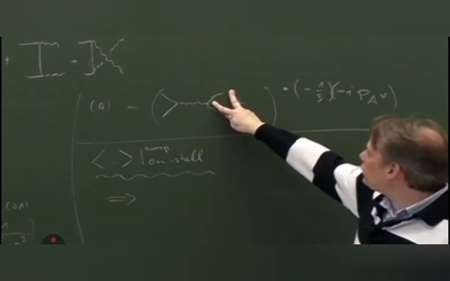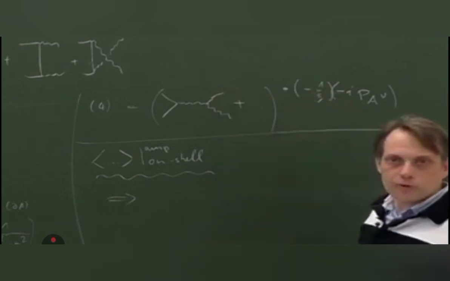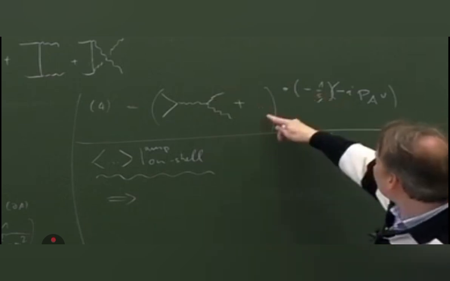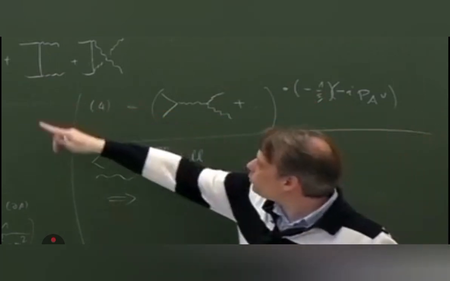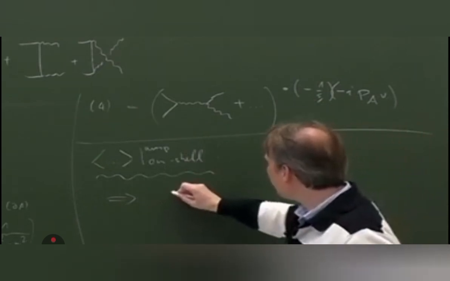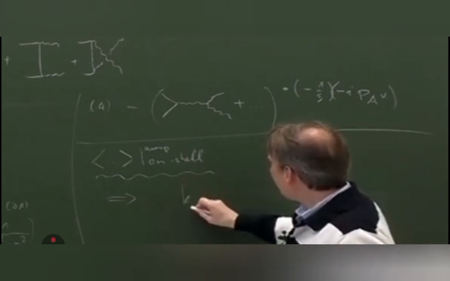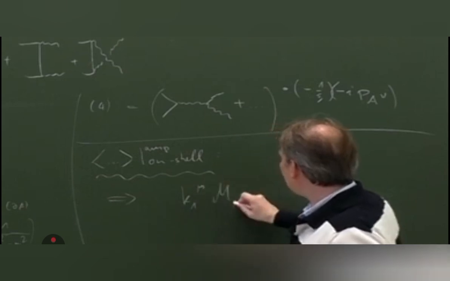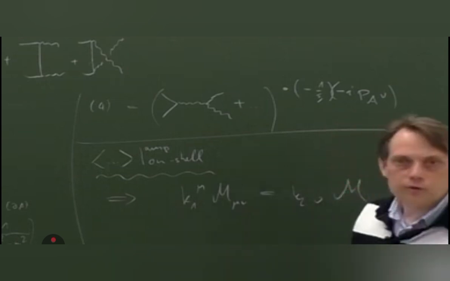If we amputate it, then the 1 over xi drops out, and therefore we get just the amputated result without 1 over xi times the momentum, and then we get this desired relation, namely k1 mu times mu nu is equal to k2 nu times m, as in the exercise.